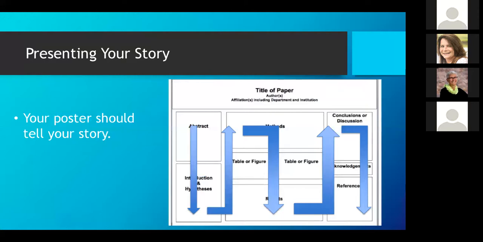As we move from left to right, we go down the poster, and like the columns that you saw in our template, we guide from the beginning of the research to the end of the research. I think this image is pretty important to show kids how to put a poster together and how to tell a story with the poster.